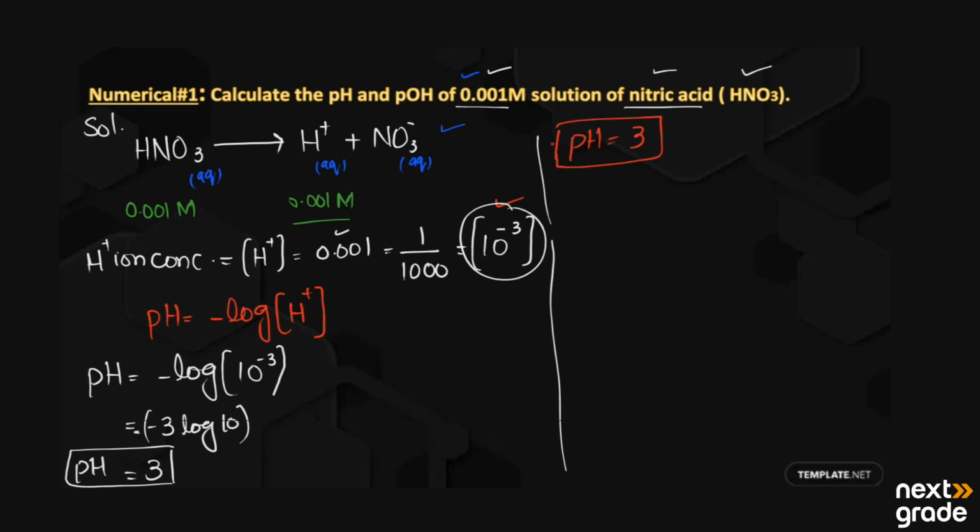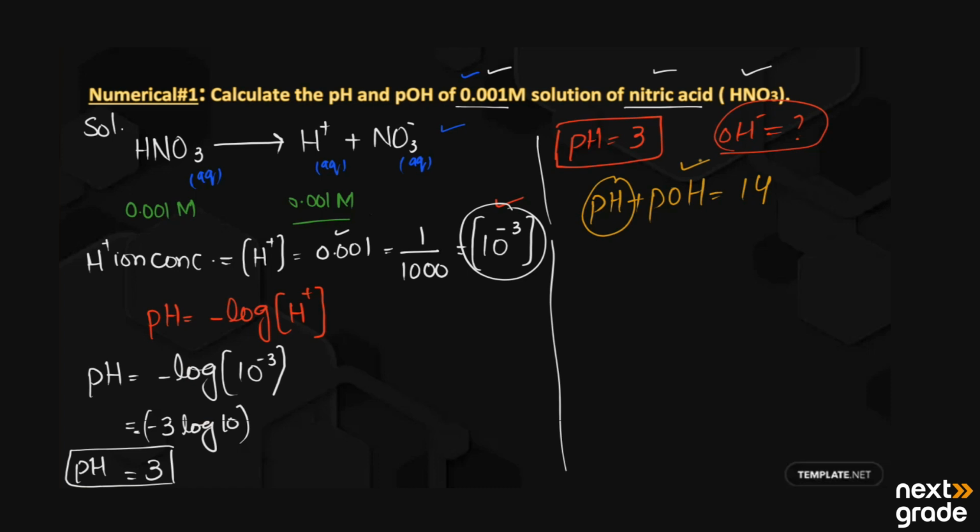Now we need to calculate the pOH. We don't know the concentration of hydroxide ions. So we can use the other formula, pH plus pOH is equal to 14. Now we know the pH, so we can find the pOH easily.